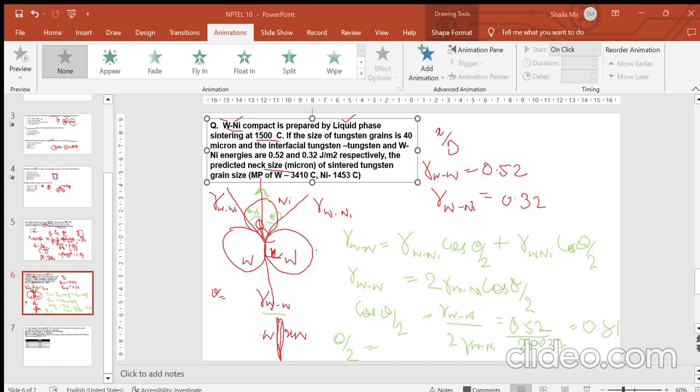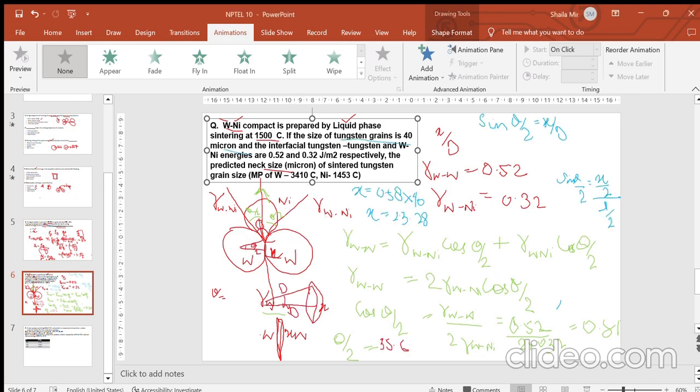Okay. So this is the width between the two particles. Like this is your neck diameter. Is it clear? Is there any question? Then we can move to the next question.